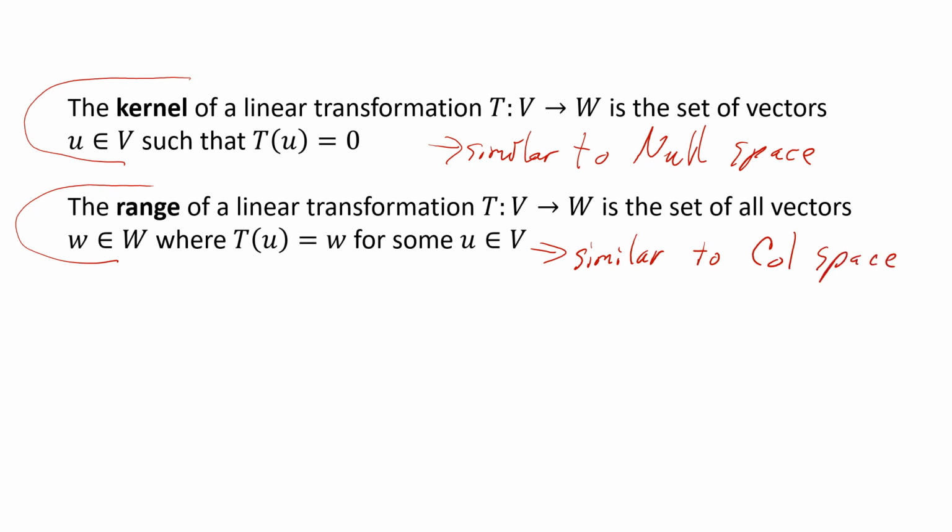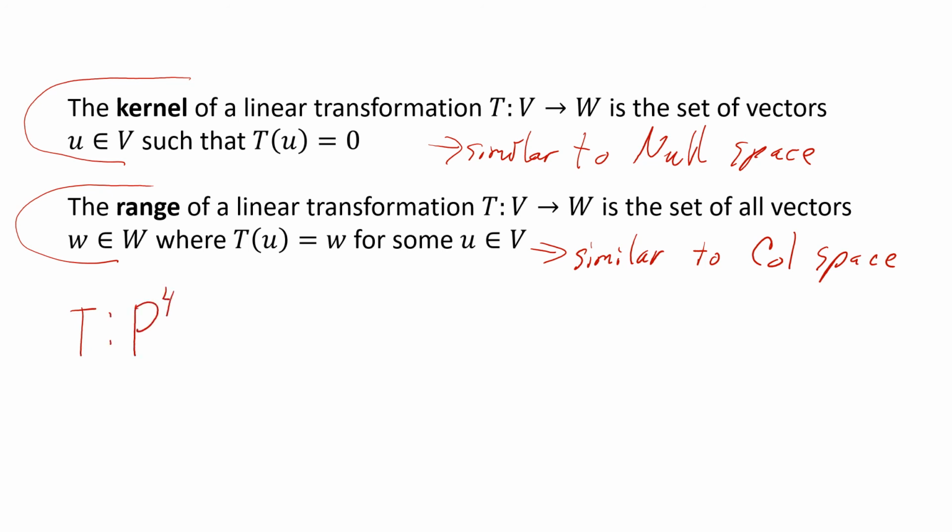Okay. And now keep in mind, again, that there is a one-to-one correspondence between a linear transformation of vector spaces and a matrix multiplication, but it's not always obvious. So here's an example. I'm going to give you a definition of a transformation from P4.